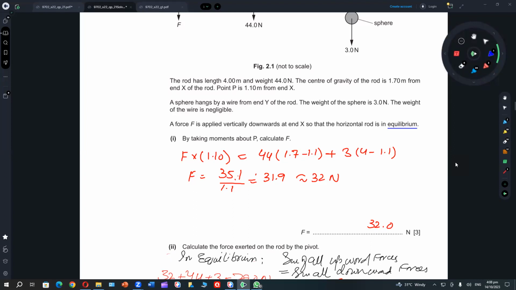I'm also getting 32. Yes, please repeat what answer you're getting. 32. 32. What about Zen? What answer are you getting? Sir, I told you 31.95 to 32.